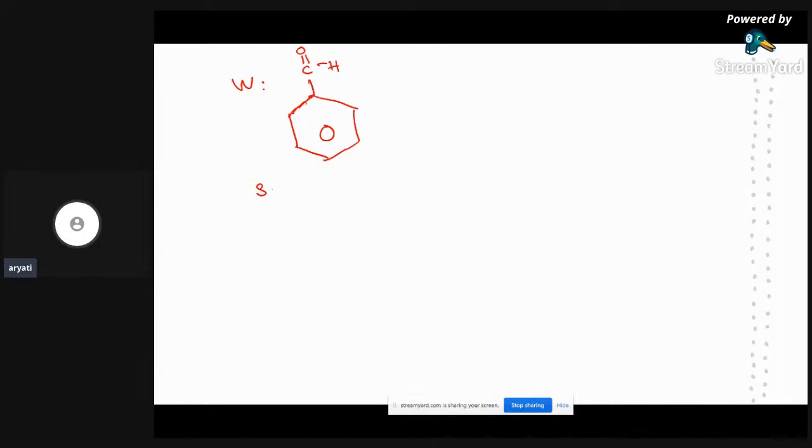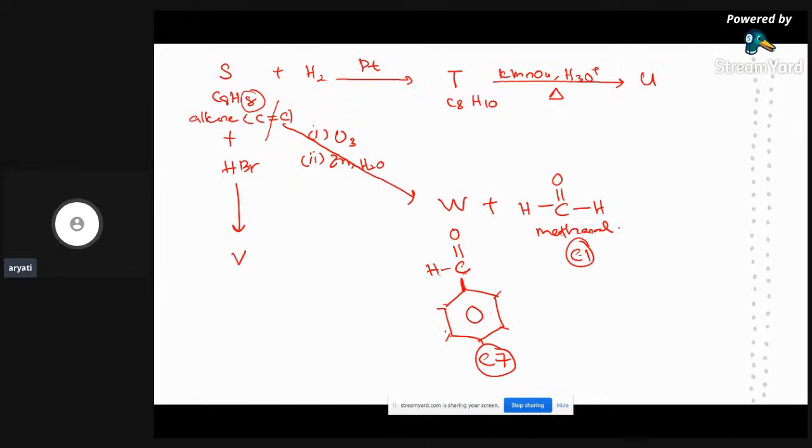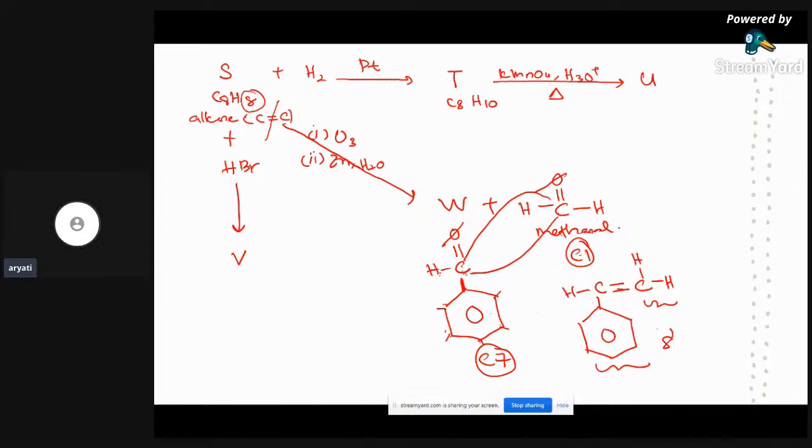So kita boleh tahu lukis structure untuk S. Macam mana saya lukis structure untuk S? Saya combinekan W dengan methanol. So carbon ni kita combine, kemudian kita potong O. So bila saya combine dia akan jadi C. O dah tak ada, so terikat jadi double bond C. C terikat dengan H. C terikat dengan CH2. So sebelah sini ini daripada methanol, ini daripada W. So this is the structure for S.